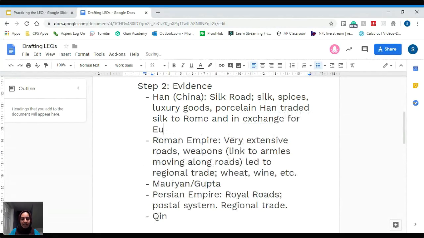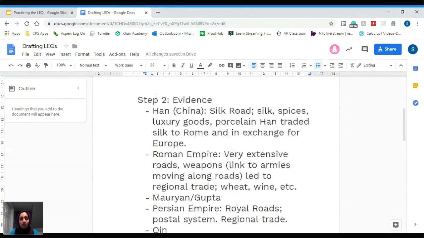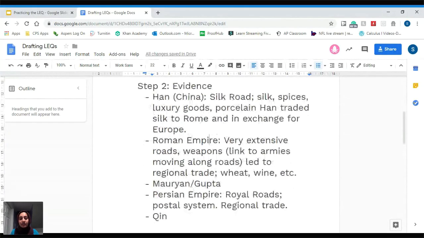That's how you can connect these two empires together, because I know that they traded along the Silk Road. So if you knew that, you could say it led to increased trade because we have this trans-regional trade, as the Han was trading silk to the Roman Empire. In exchange, they got horses, which were used for fighting.